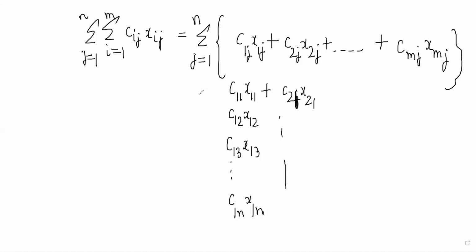C22 x22, and here to Cm1, and here it will be Cmn xmn. So we have to minimize the sum here.